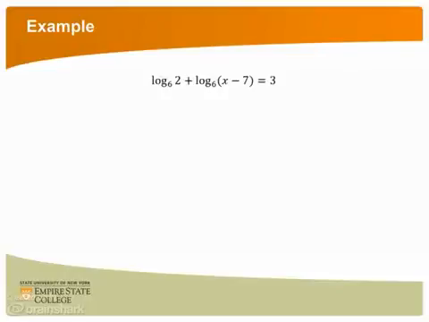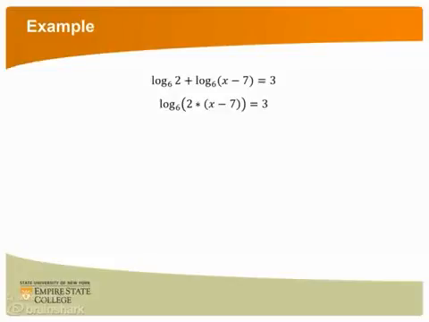Suppose we want to solve the equation log base 6 of 2 plus log base 6 of the quantity x minus 7 equals 3. While there are multiple logarithms, they are all on the left side of the equal sign. We will contract the logs. Recall that a sum of logarithms is the same as the logarithm of the product.